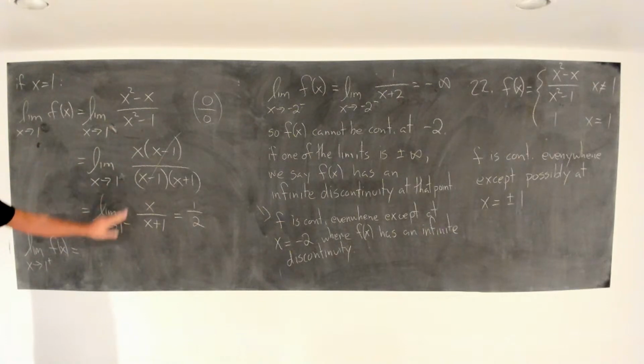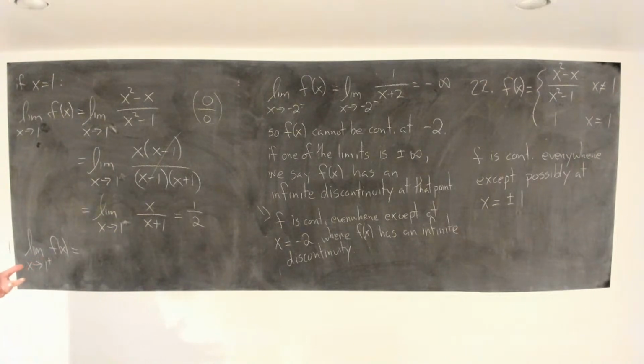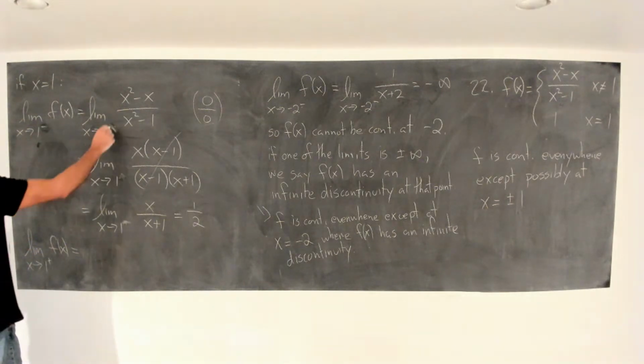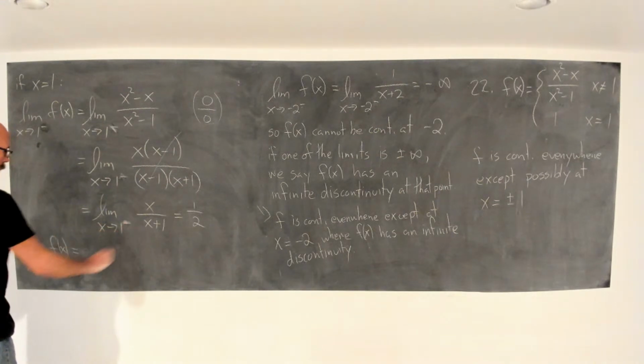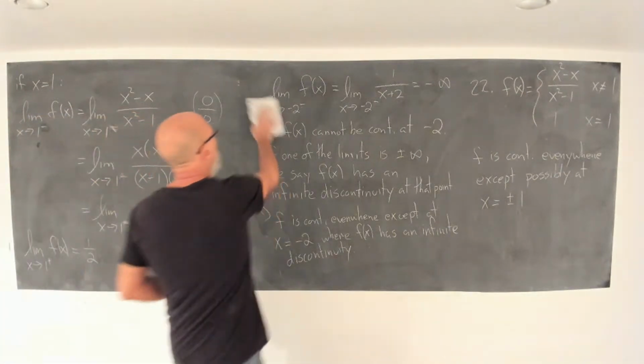You don't have to split it up into two pieces when you know what's happening. Here it was the same function on both sides. We didn't, but there it is. Limit from the left and limit from the right are equal, and they are 1/2.